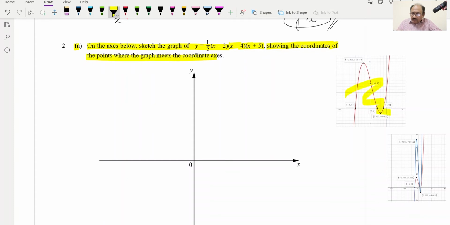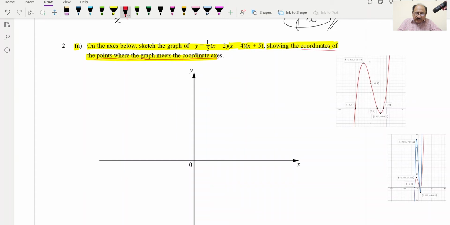Now these images I have inserted for your explanation, and these are not part of the questionnaire, so I will explain in a while. So this is the coordinate axis which is provided, and they're saying the coordinates of the points where the graph meets the coordinate axis.